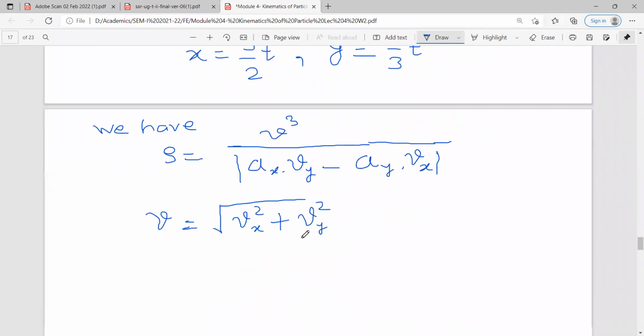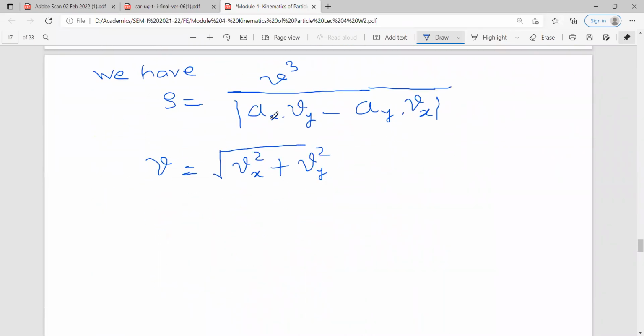What else do we have to find? We have to find ax, vy. So ax can be calculated as the rate of change of velocity in x direction with respect to time. How to calculate vy? Velocity in y direction is nothing but the rate of change of y coordinate with respect to time.